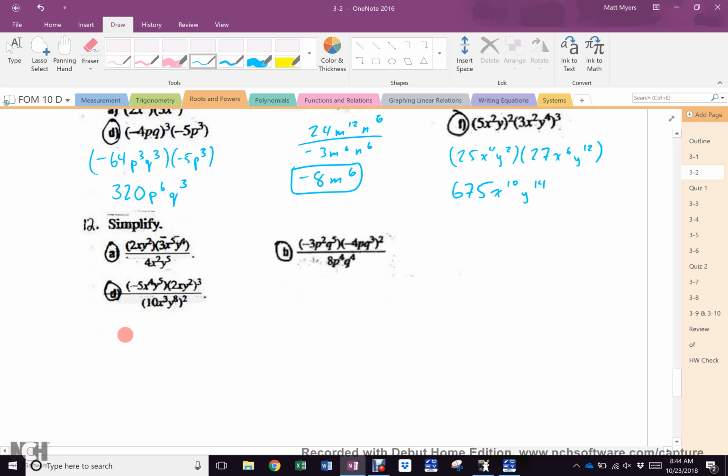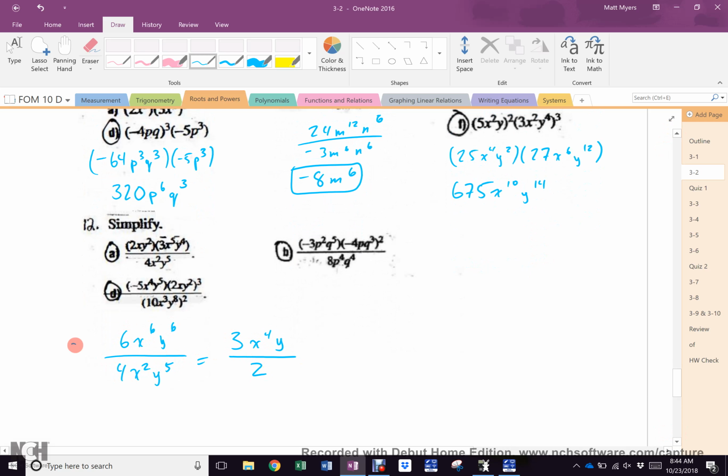Top one is 6x to the 6th, y to the 6th, over 4x squared, y to the 5th, which is 3x to the 4th, y over 2.